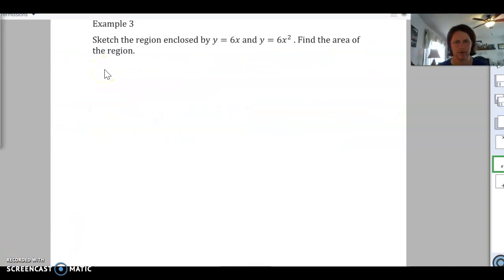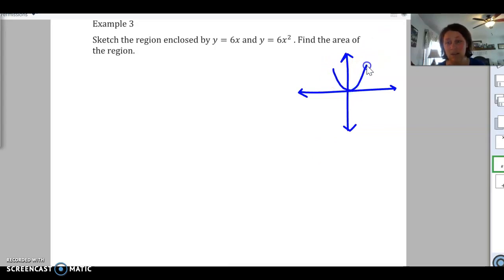All right, number 3. I only have 2.5 minutes left before this video clip is going to end on me, but this is a pretty simple one, so I'm hoping I can get through it. If not, I'll skip back and you'll never know. All right, so our 2 equations. We have a quadratic equation, pretty steep because it's 6x squared.